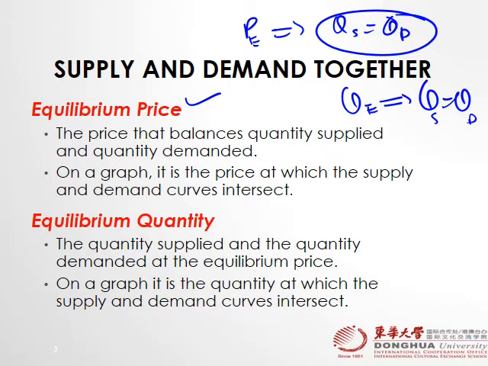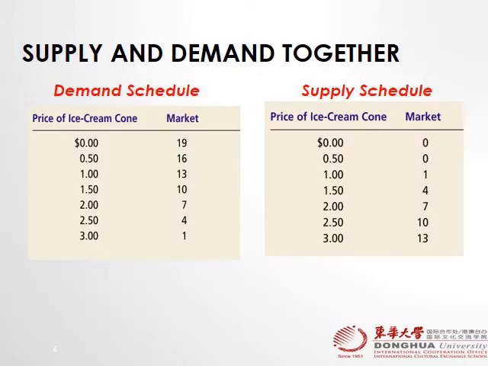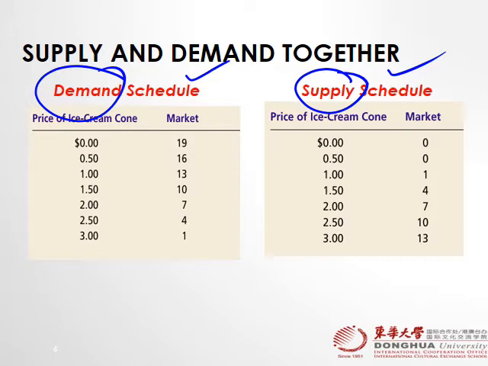So let's see on graph. Okay, so before going to the graph, let's see their schedule here. This is the demand schedule and this is the supply schedule. Even if I did not write supply or demand schedule, you can also find out. Why? Because there's a relationship between price and quantity, and from that relationship you can say whether this is demand or supply.